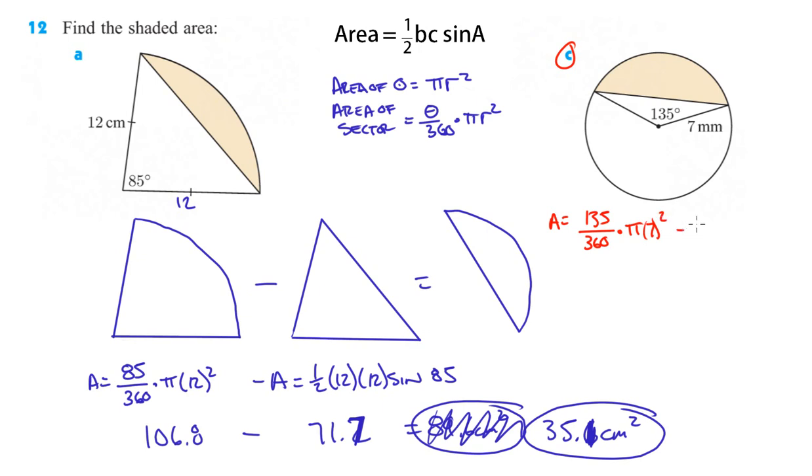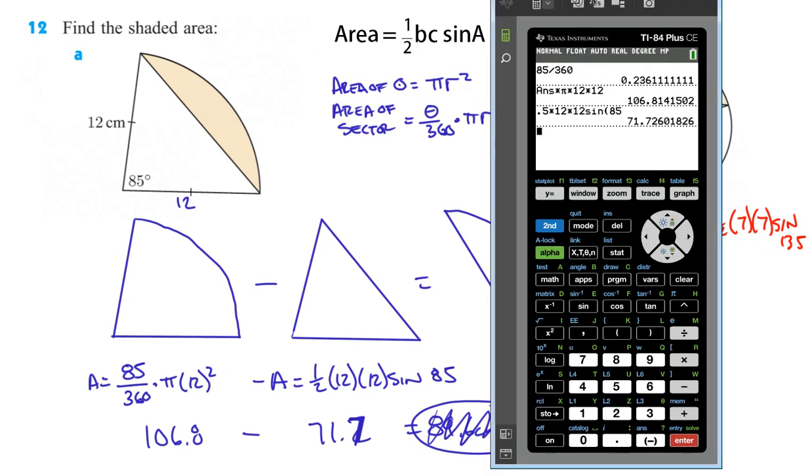And then we're going to subtract the area of our triangle here, which is 1/2 of the two sides, 7 and 7, because those are both the same, because they're both radii. And then sine of 135, right?